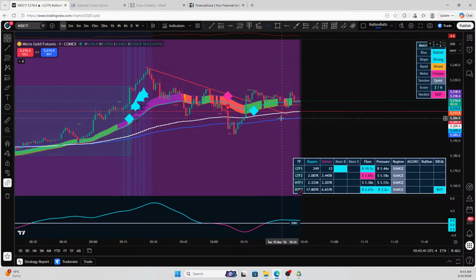There's buyer pressure in the market. The market wants to go up. However, because of the news, I think it's just kind of staying here. And this is where a lot of people will become impatient and start trading the range and eventually lose their capital.